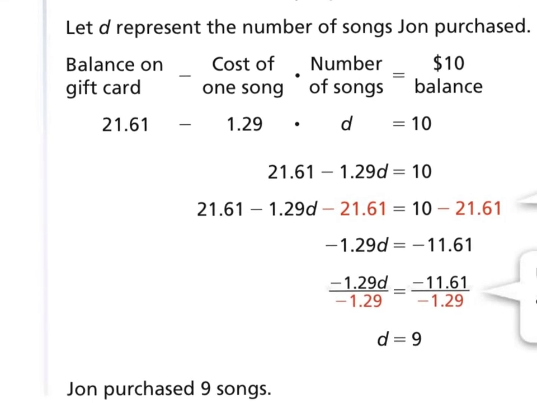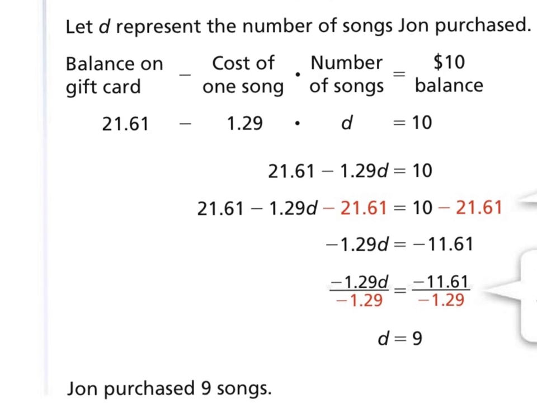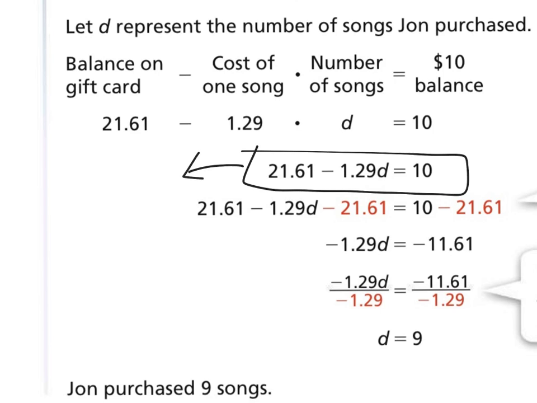They're saying we start with $21.61, and then we subtract $1.29 per song, and then that gives us a $10 balance. The thing we have to watch for on this problem is when you go to solve this problem, people make mistakes sometimes in figuring out what their next step is.